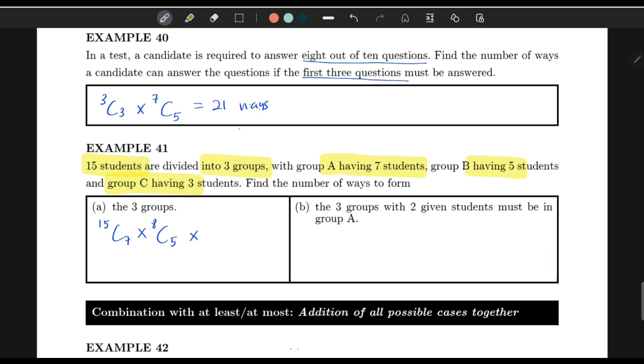Now we already chose 12 from the students, so the remaining students is 3, and we have to choose all the 3 students for the group C members. So how many ways to form the 3 groups? The number of ways is 360 ways.